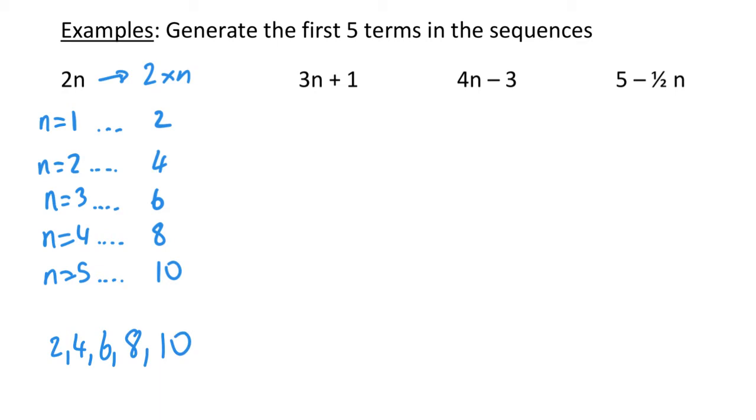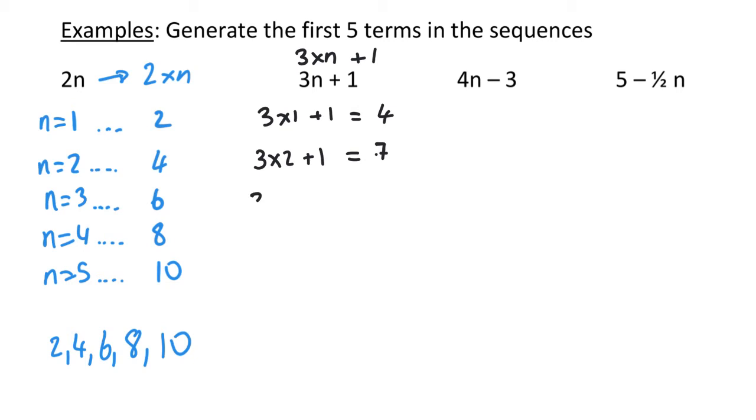For the second sequence, it's 3n plus 1, and 3n plus 1 means 3 multiplied by n plus 1. So when n equals 1, it's going to be 3 times 1 plus 1. So 3 ones are 3 plus 1 is 4. When n is 2, it's going to be 3 times 2 plus 1. 3 twos are 6 plus 1 is 7.